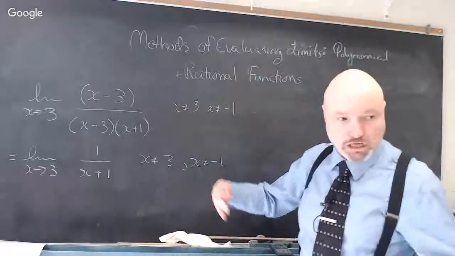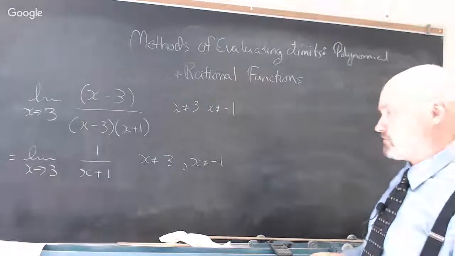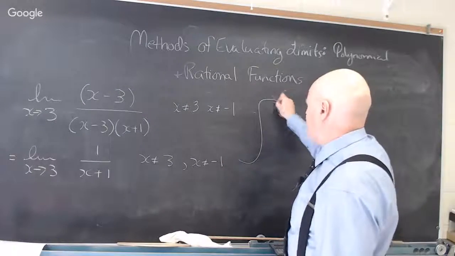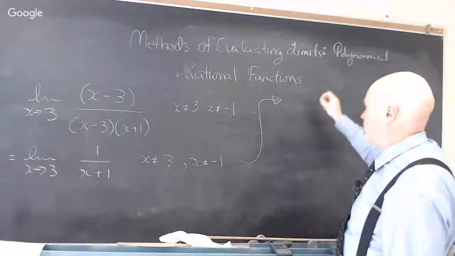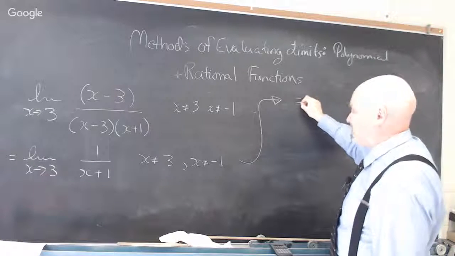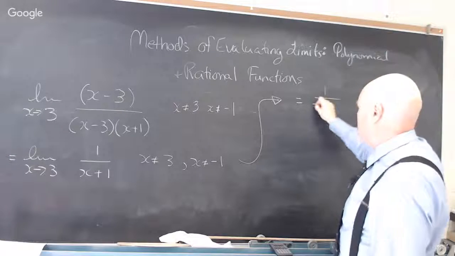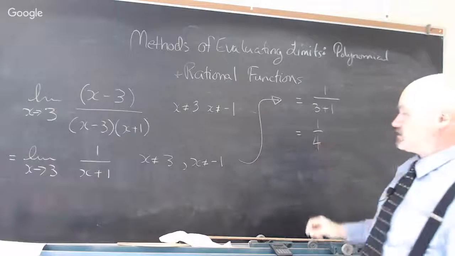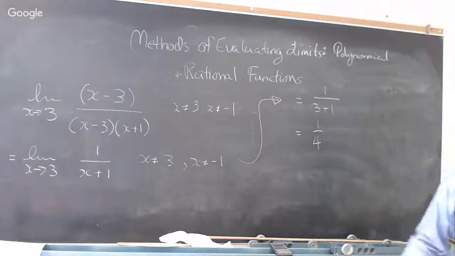We're just looking at the function on either side of 3 and seeing what that value is. And so if we put it in, we can actually see that this is equal to 1 over 3 plus 1, that the function exists. Okay, it's a removable discontinuity.